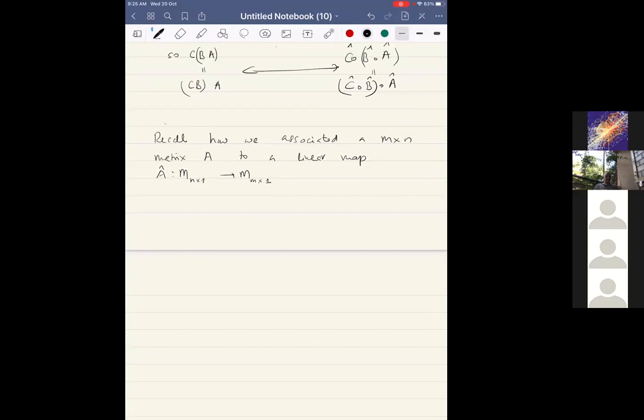If I am looking at an M cross N matrix, that means M rows and N columns, you should really think of it as a map from column vectors of length N to column vectors of length M.